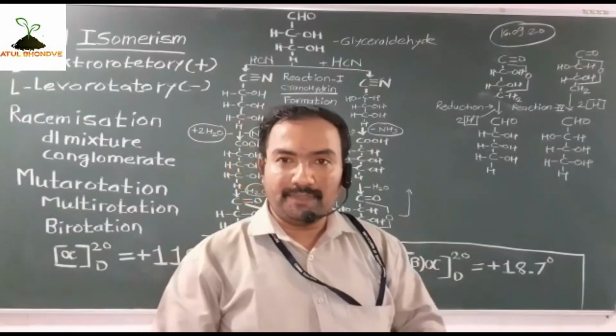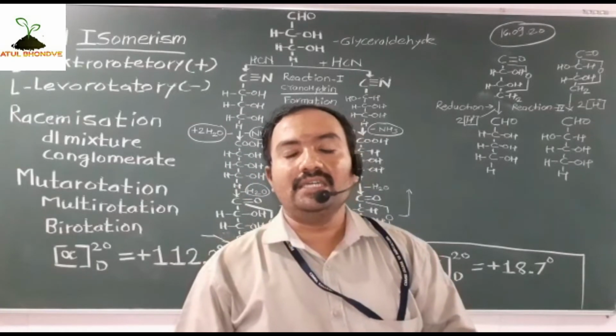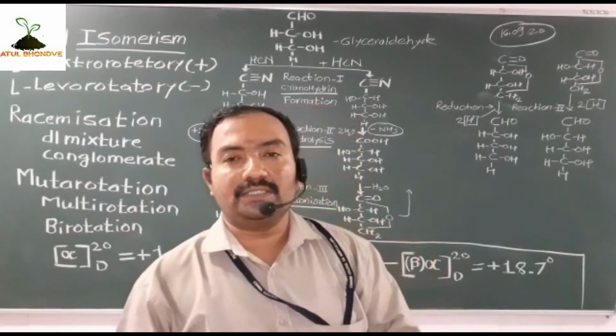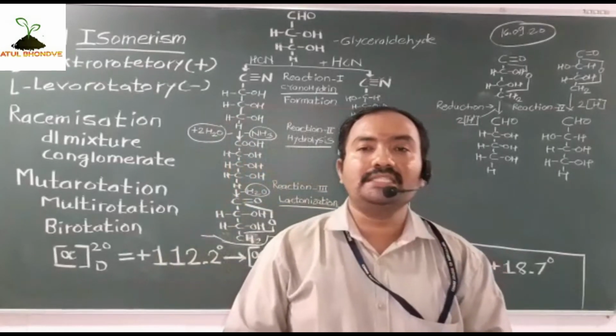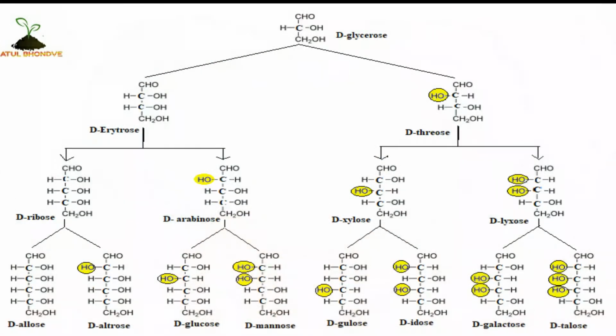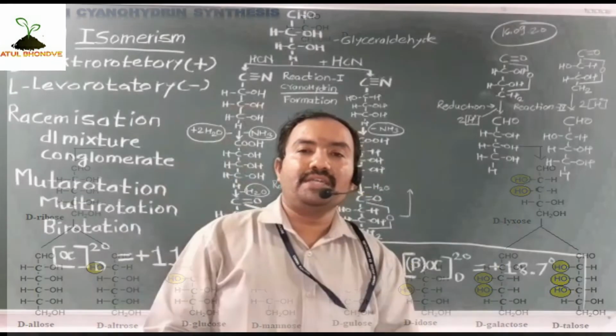When the reaction is repeated, there is a synthesis of pentoses, and then hexoses from the pentoses. The complete reaction regarding the second part of the Kiliani hypothesis is in front of you. According to the second part, when D-erythrose and D-threose are formed, they are responsible for the synthesis of 4 different compounds.